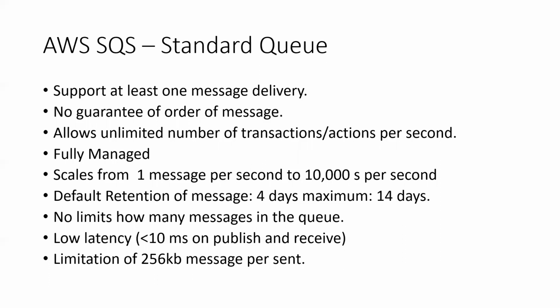There is no guarantee of the order of the messages. It means you can send any number of messages, but there is no guarantee that if you send the first, the first will go first, or if you send the second, the second will go first. So in any order the message can go. And one message is delivered at a time, which is like a normal process, and obviously you would not like to get all the messages at a time.